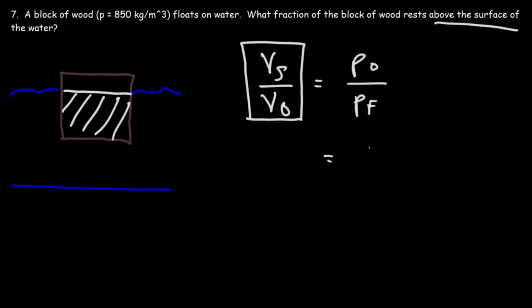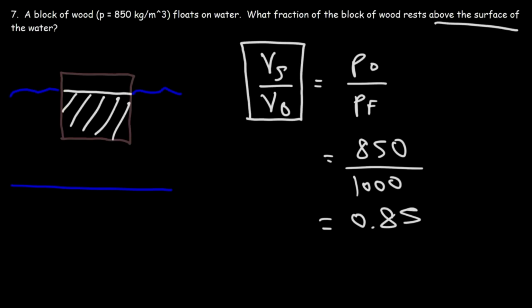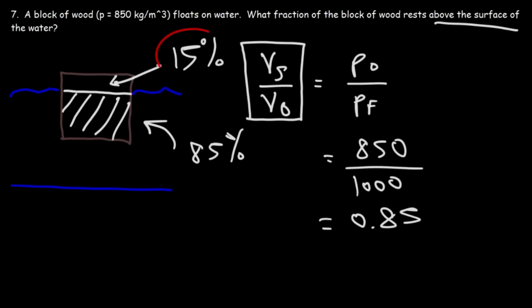So that's going to be the density of the object, which is 850, the object being the wood, and the density of water, which is 1,000. 850 divided by 1,000 is 0.85. So this tells us that 85% of the block of wood is below the surface of water, which means that 100 minus 85, or 15%, is above the surface of water. So this is the answer.